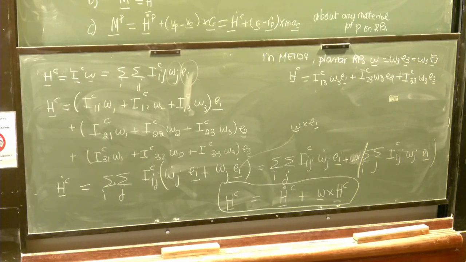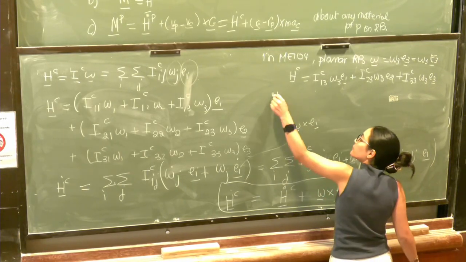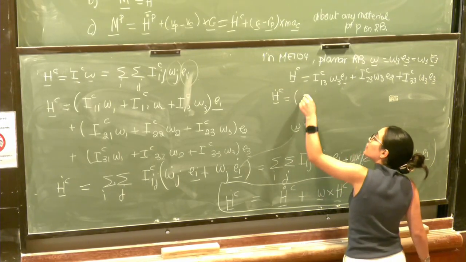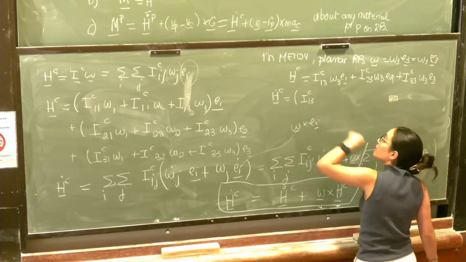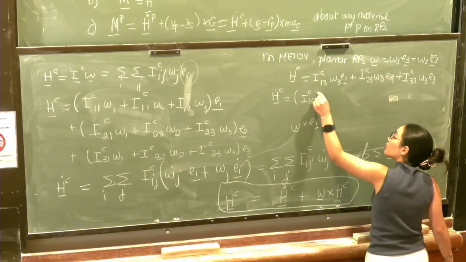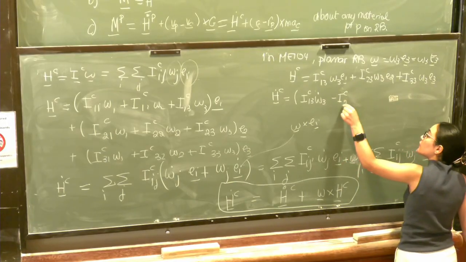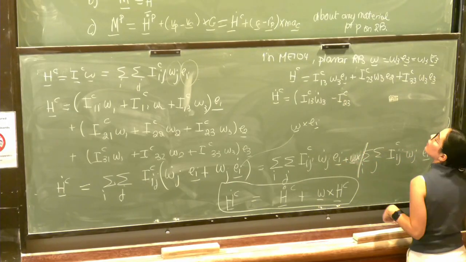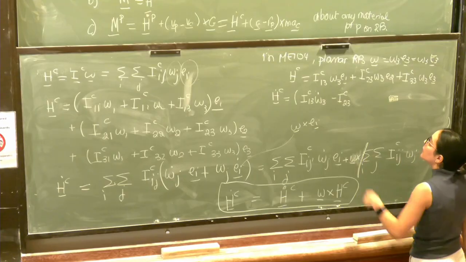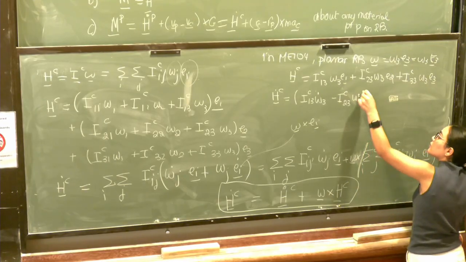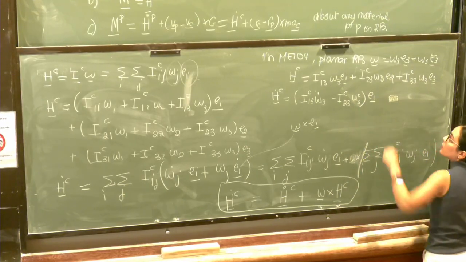Okay, and H dot C becomes I^C_13 omega dot 3 minus I^C_23 omega 3 squared e_1, right?